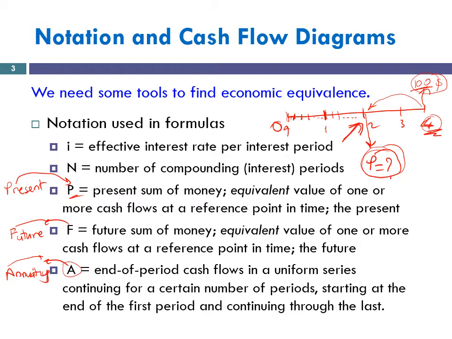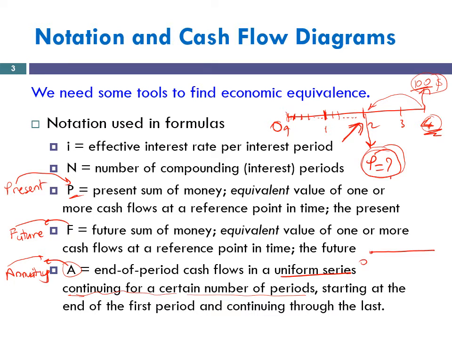What does it mean? If there is a uniform series of payments or cash flows continuing for a certain number of periods, it will be named as the annuity. For example, you borrowed some money now at this time 0.